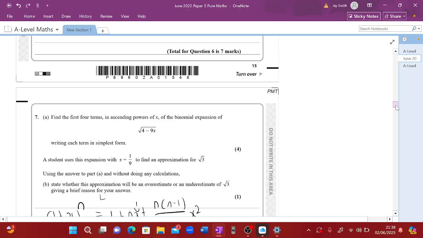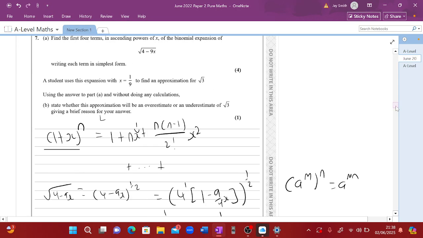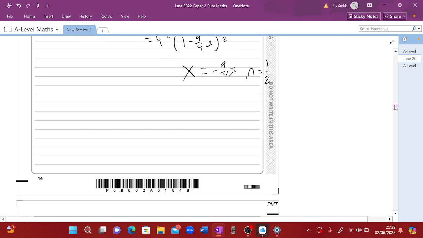The first 4 terms. So that's going to be the constant term 1, then the second term, the third term, but then you're going to need x cubed, which if you follow the pattern, is n(n minus 1)(n minus 2) over 3 factorial x cubed. That'll be your fourth term. Okay. So you go up to x cubed, and then you just substitute that n and x into the formula, and then simplify.